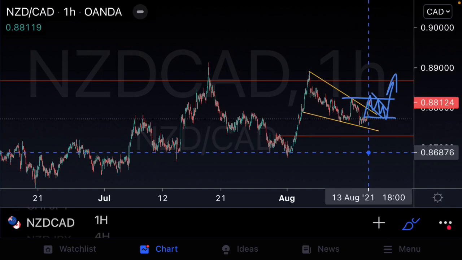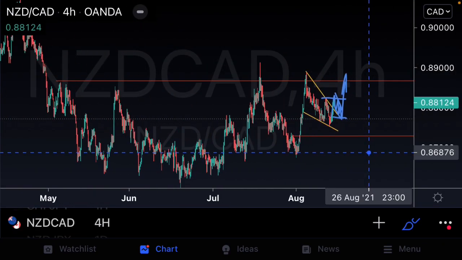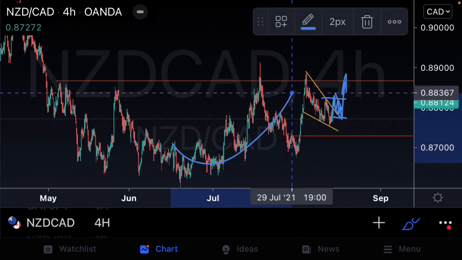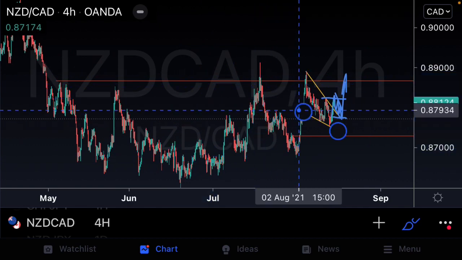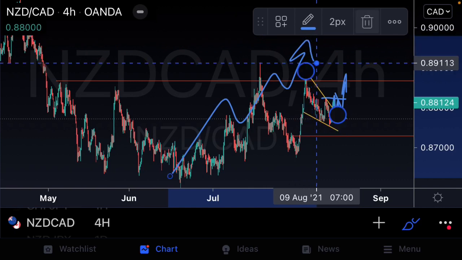But the one difference is that if we go onto the H4 and we look at our structure, what we can see is Aussie CAD or New Zealand dollar CAD has already started an uptrend on this H4. So we're already seeing higher time frame structure trending in the direction that we're looking to take this trade.